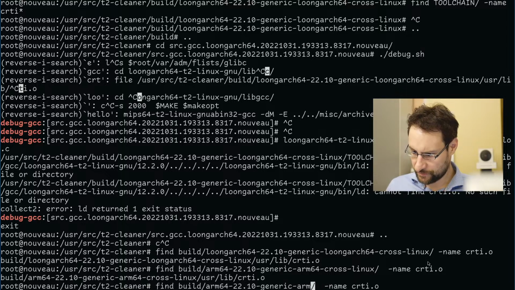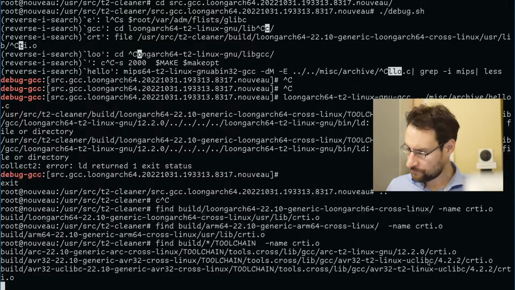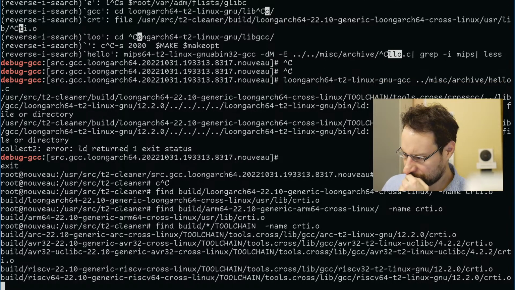Actually we could even, does find support that? Actually for arc it is also in libgcc. Why is it for some in a version?